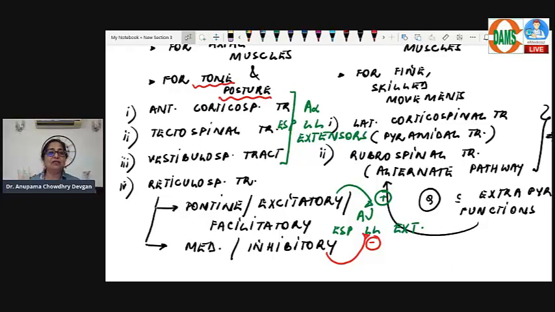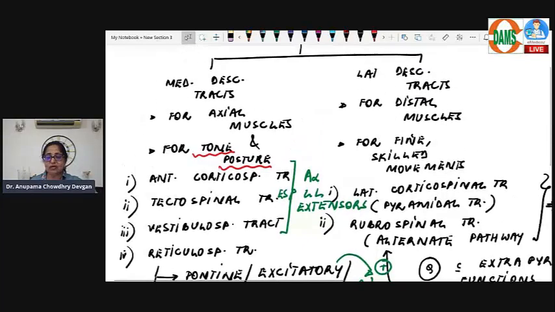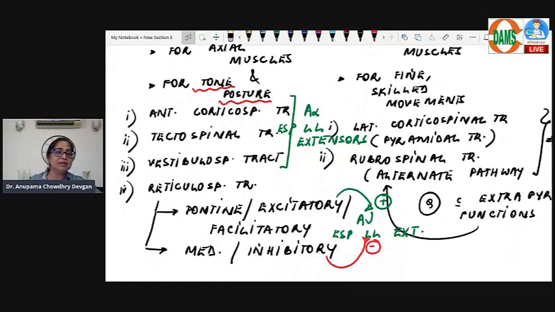Reticulospinal tracts are meant for A gamma. The pontine or the excitatory tract will increase the A gamma discharge and therefore increase the muscle tone. And the medullary or the inhibitory tract will decrease the A gamma discharge and decrease the muscle tone. So this is the classification of the descending tracts or the motor pathways.